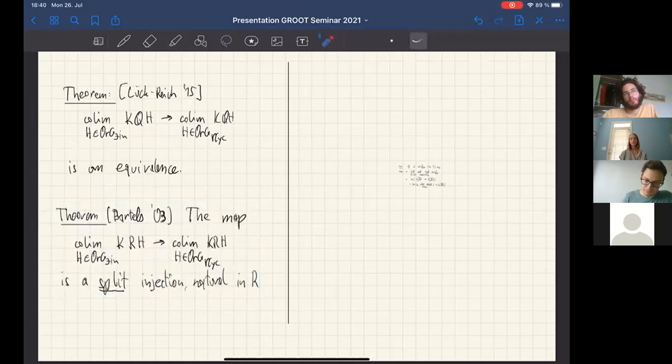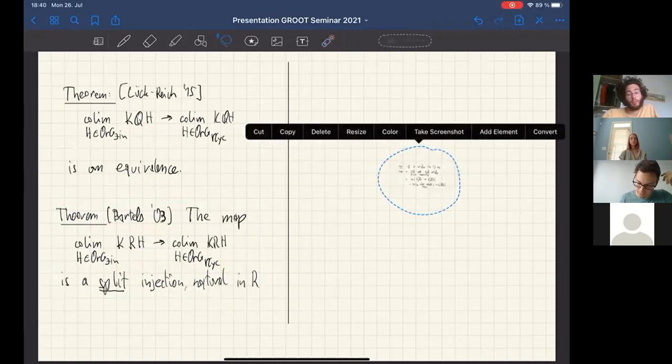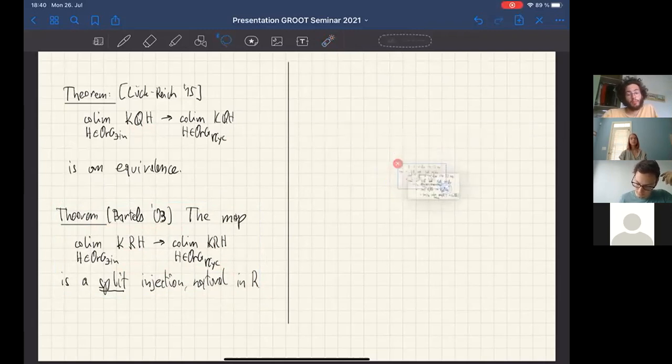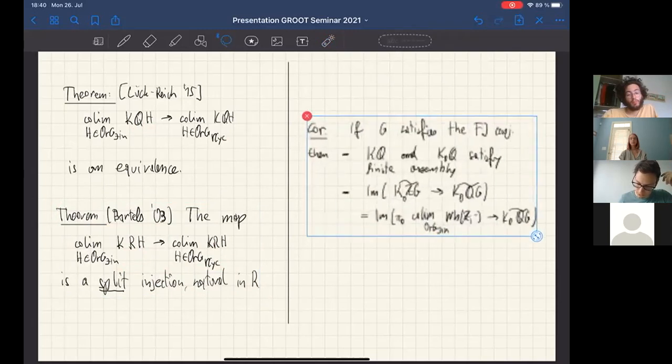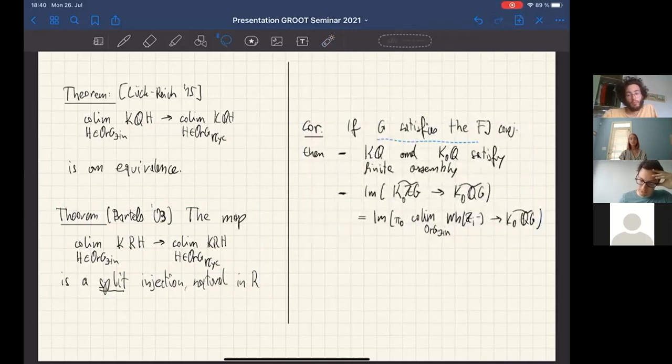And a nice theorem due to Bartels in 2003 was that this map, for any base ring R, is always a split injection. And this is natural in the ring R. So if we put those two things together, and assume that G satisfies the Farrell-Jones conjecture, then as I said before, KG, and in particular K0G as well, satisfies finite assembly.